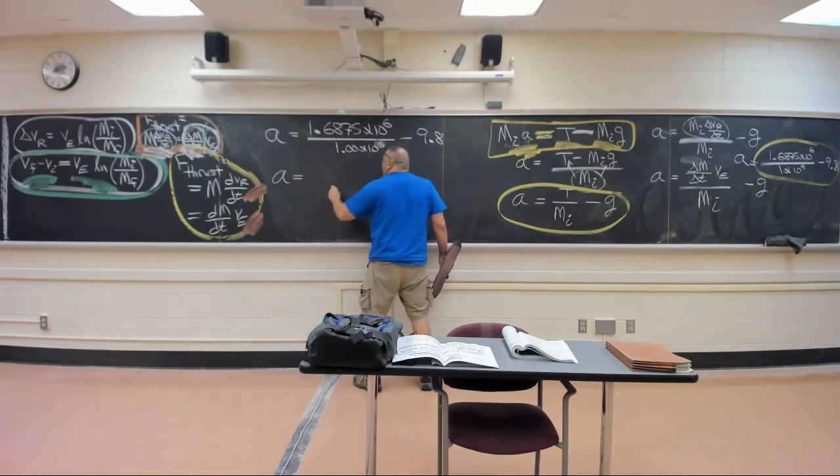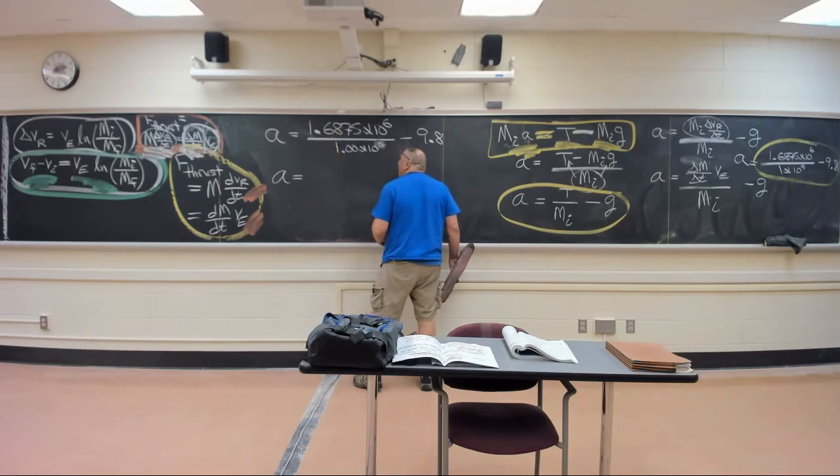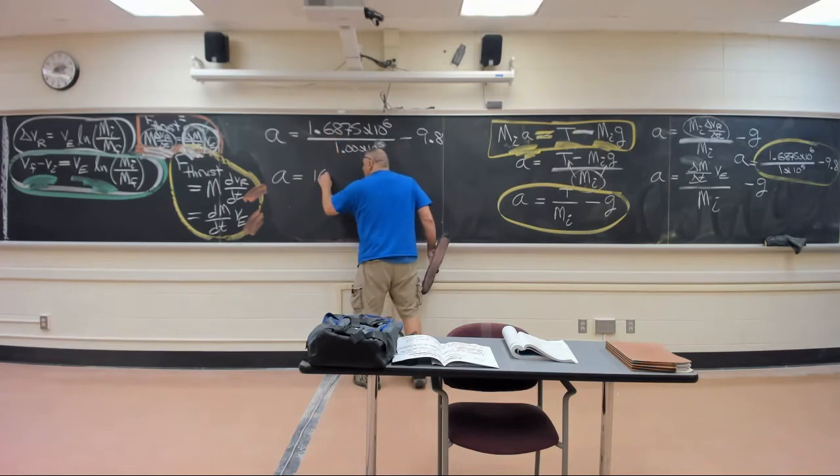What do you got? You got 1.6875 times 10. 10 to the 5th goes into 10 to the 6th 10 times. 10 times 1.6875.